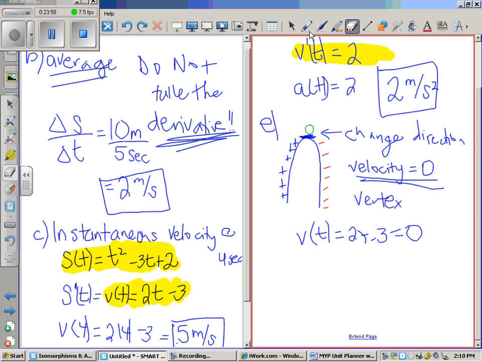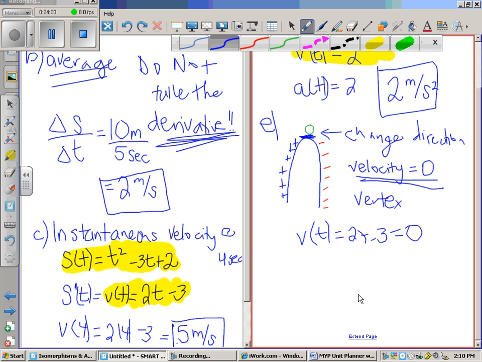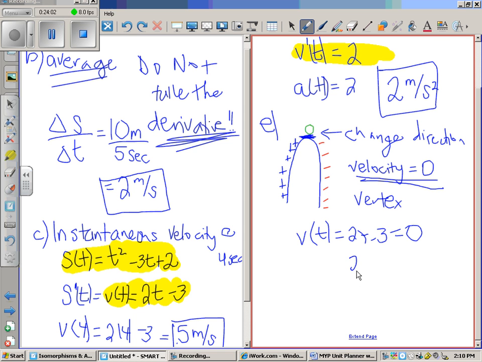Now I'm just solving an algebraic equation. I get 2t equals 3 and t equals 1.5, or 3/2 seconds. Because my slope of my tangent line is 0 where I change direction, in Newtonian physics, when we're talking about position, velocity, acceleration, it is where the velocity equals 0.